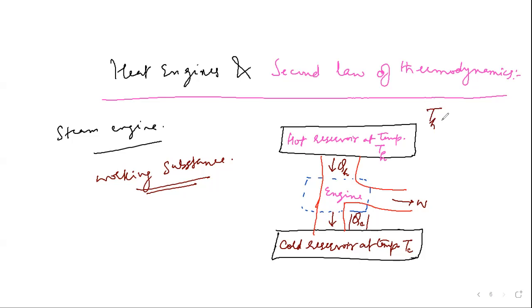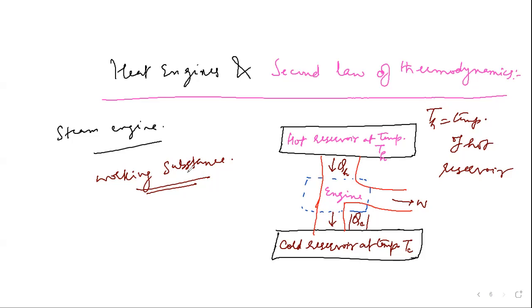TH here is temperature of hot reservoir. Sometimes in some books, you will see we call it source, heat source, right? So my working substance takes some heat from the hot reservoir whose temperature is TH, or the source of heat whose temperature is TH, right?